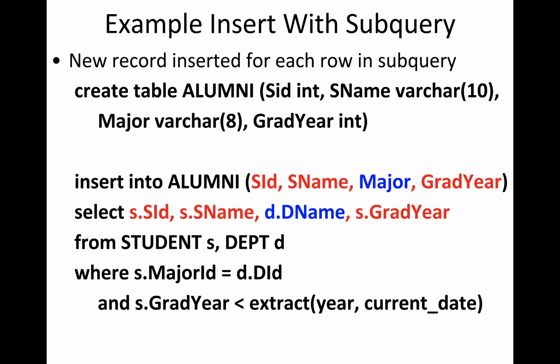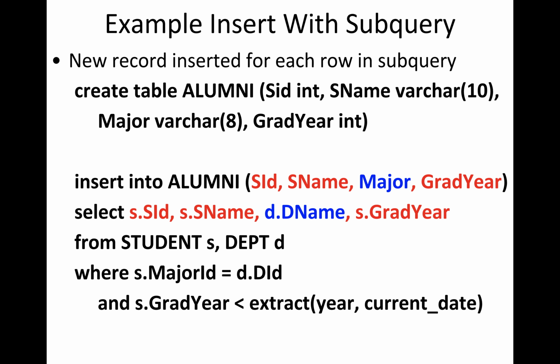We're joining them in such a way that we're extracting the graduation year, and we're feeding that into alumni. So basically a table that perhaps was empty, but we had all this information already in student names and department names, and we're extracting those that have already graduated, right? We can calculate and extract it and fill in alumni.